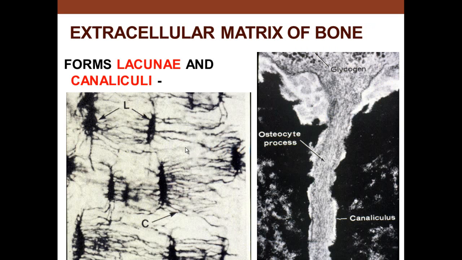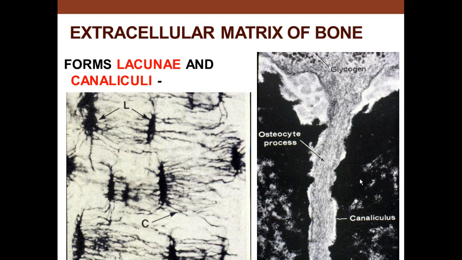So extracellular matrix is not only the type 1 collagen and hyaluronic acid material, it also has calcium deposit. So you get calcium deposit and type 1 collagen as well, and as a consequence nutrients cannot diffuse through.